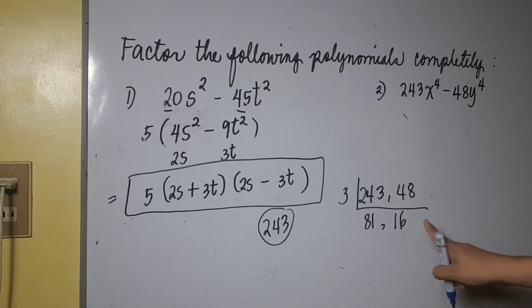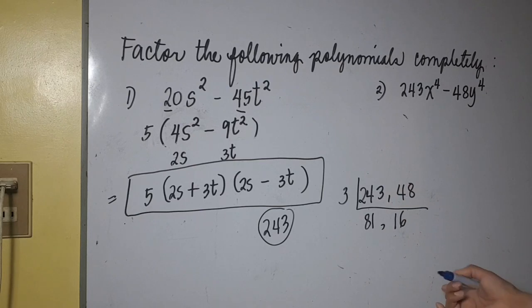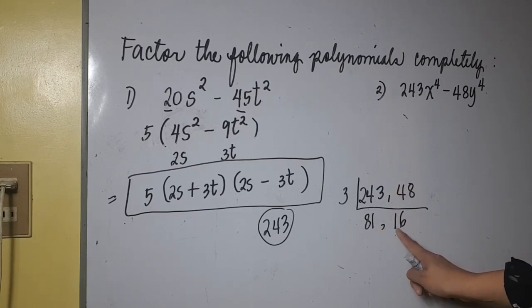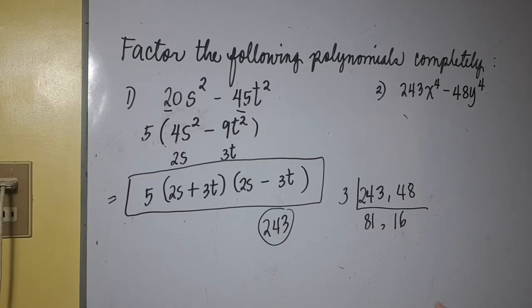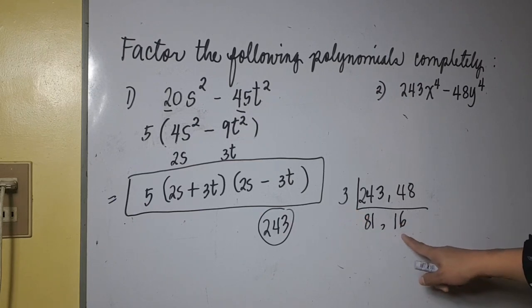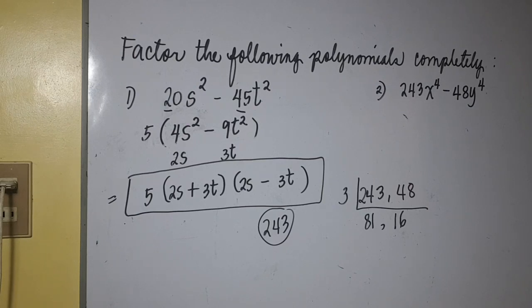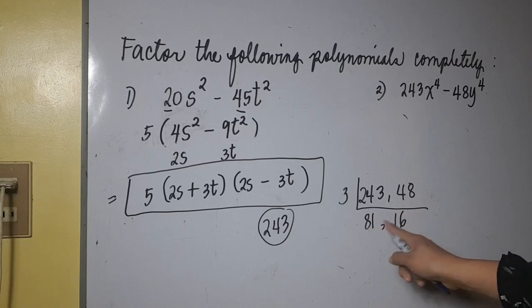Let us see if these are divisible by 2, of course not. Let us see if they are divisible by 3. 81: 8 plus 1 is 9, and 9 is divisible by 3, yes. What about 16? That is 7, and 7 is not divisible by 3, so not divisible by 3.